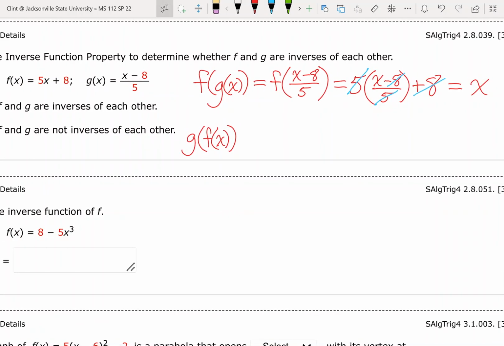And we do it in the other order. g of f of x, that's g of 5x plus 8. So we take this, 5x plus 8, and we plug it in where x is. So we'll have 5x plus 8 minus 8 over 5. This part is where the x was.